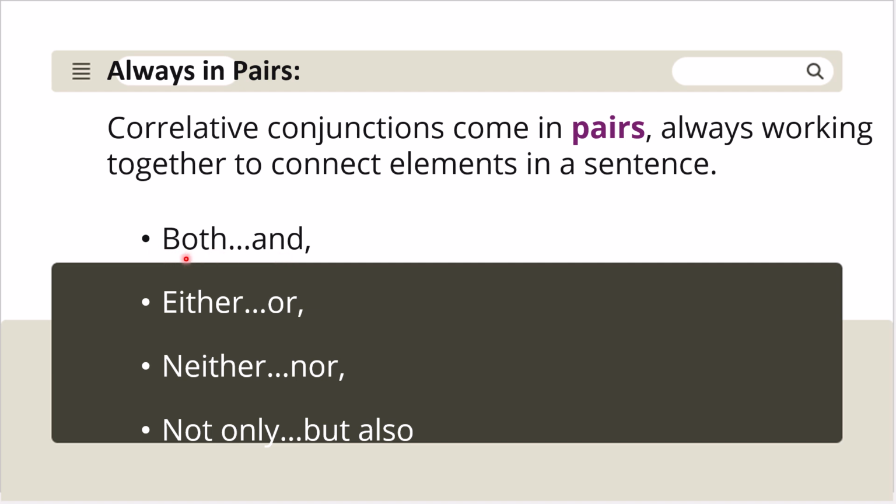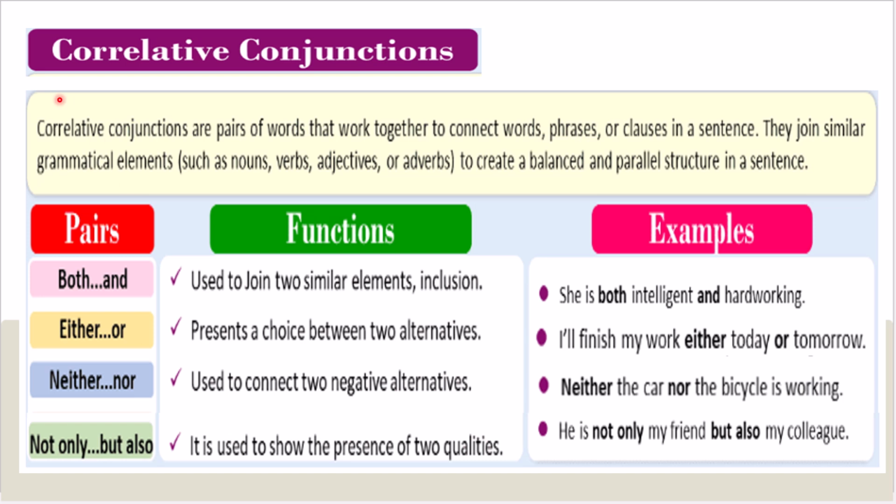So this is one pair: both and, either or, neither nor, not only but also. Look here. So these are the pairs, and what are the functions and the examples given here.